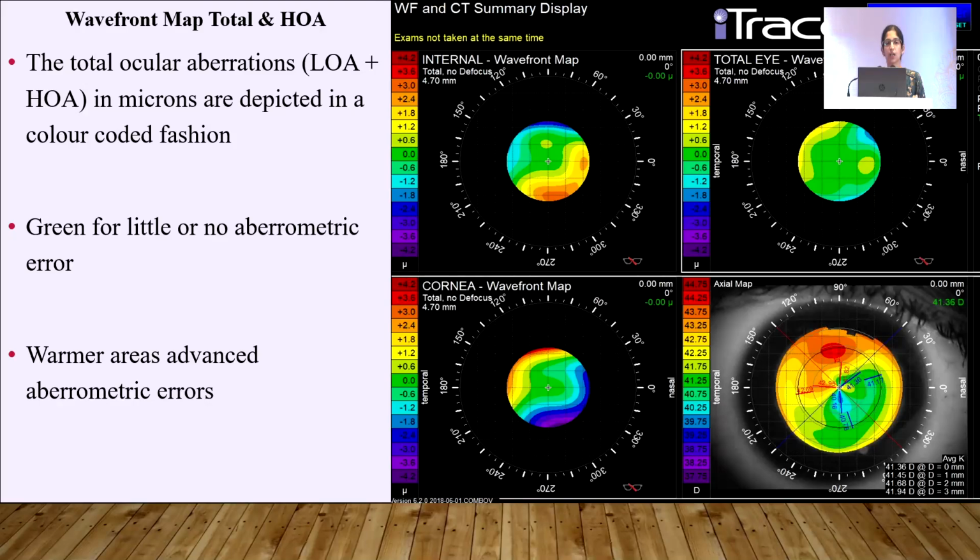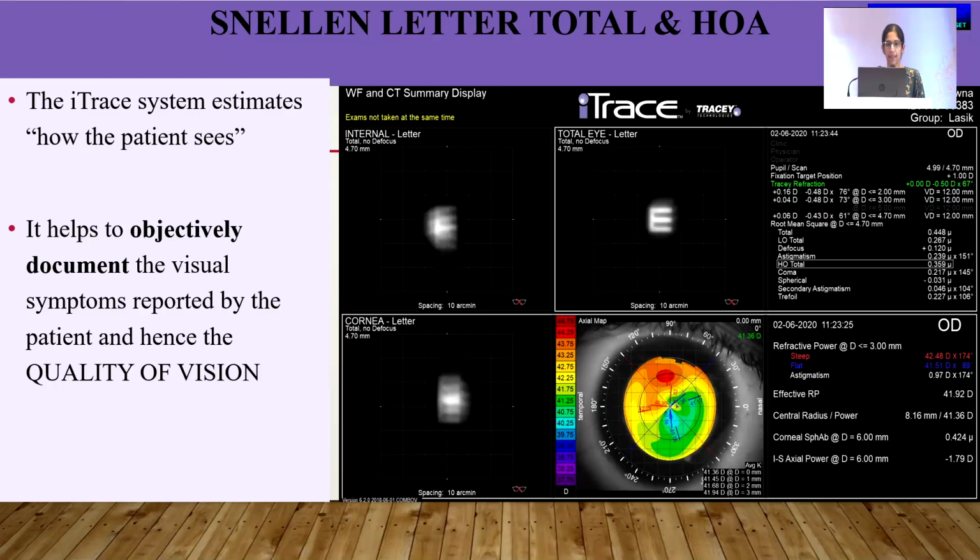This is a major wavefront map display in which total ocular aberrations are depicted in microns. The green areas are for lesser or no aberrometric error, and the warmer colors depict advanced aberrometric errors. This is actually an objective documentation of the visual symptoms reported by the patient.